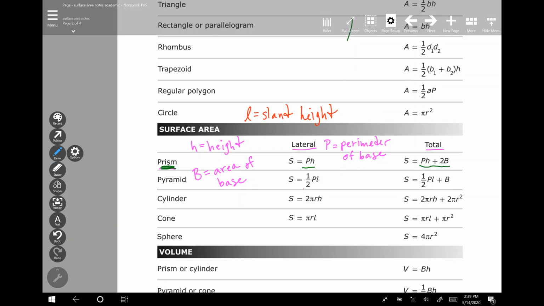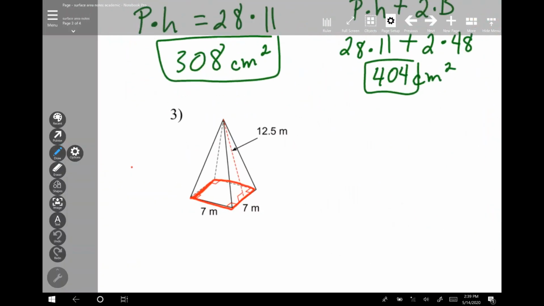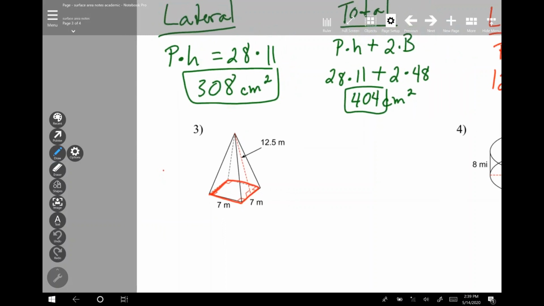So that's for the lateral, so that would be only the sides of it, the triangular faces. And then here, to find the total, well, we have to do the area of all the triangles together plus the area of whatever the base is. Okay, so that's why we have just one big B. So if we look here, all right, we have 4 sides, and we're only doing square pyramids, so you don't have to worry about that, okay?